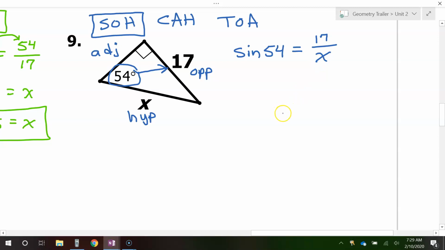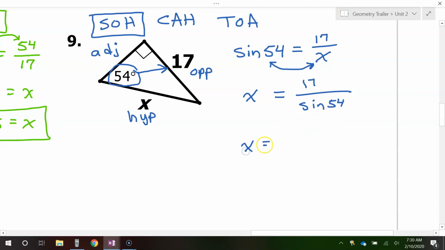So is this the one where we multiply? Is this the one where we swap? Or is this the one where we do the inverse? Well, when the variable is in the denominator, this is when you swap. Okay, so if I swap these, then I'm going to get x over here, and then I'll have 17 over sine 54.